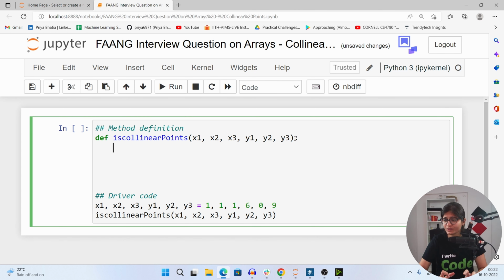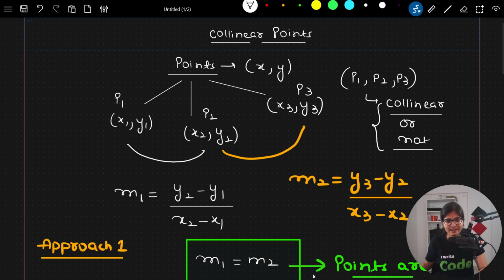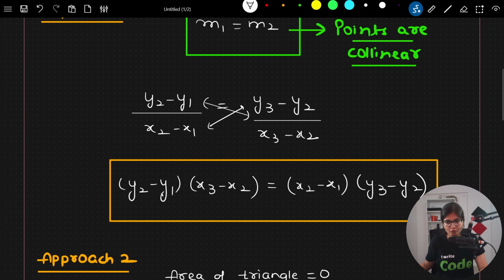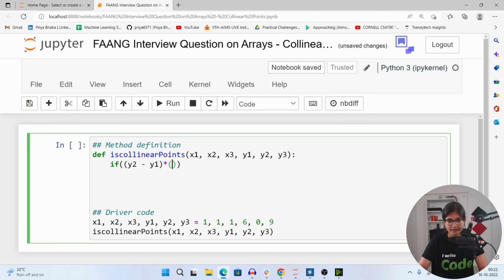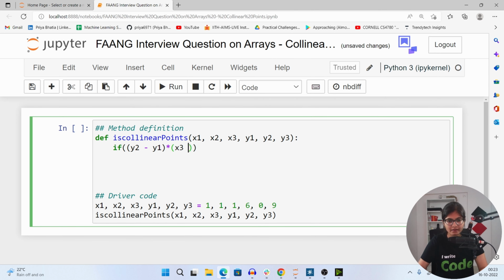Now I can simply apply the formula. If the value of (y2 minus y1) into (x3 minus x2) is equal to, I think the other one is (y3 minus y2) into the value of (x2 minus x1).